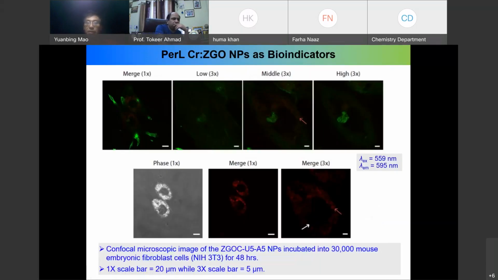And then we also did some imaging using this type of nanoparticles, and you will clearly see that these are the cells, right? With our nanoparticles, and then we can clearly see this. Of course, these are with different scales, with the details here, but the important thing is this can be used for bioindicators.